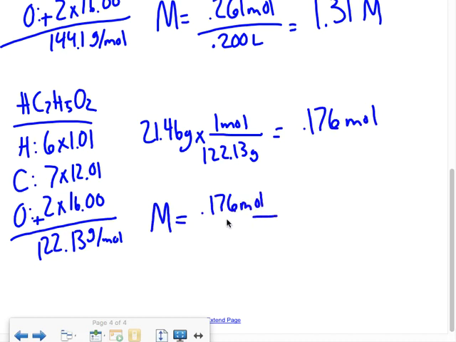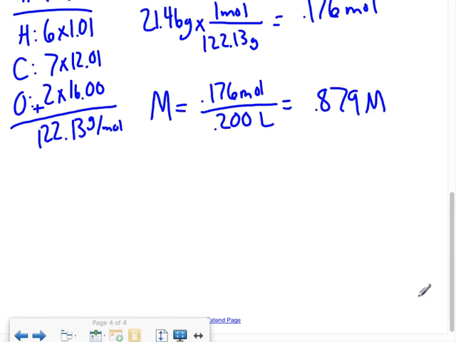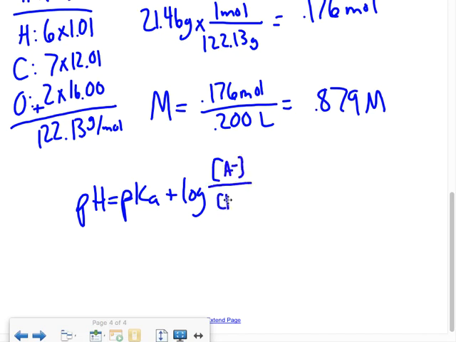All right, so now we have all the components of our Henderson-Hasselbalch equation. Our pH is equal to our pKa plus log base over acid. Our pKa was 4.19.